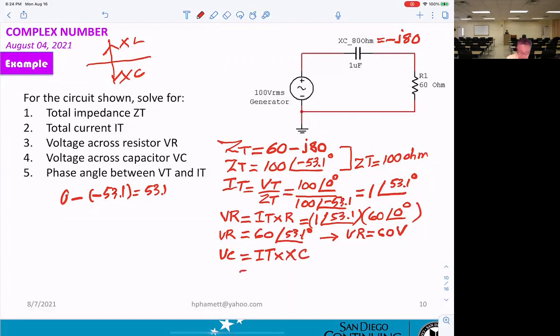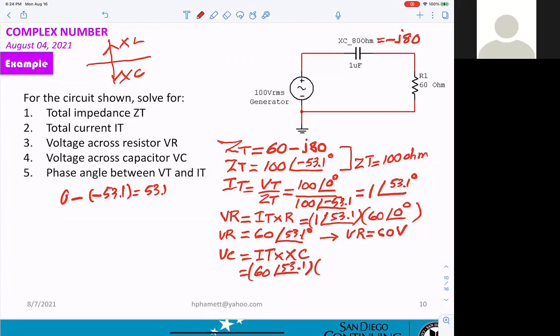I total will be 1 angle 53.1. Oh, 1, not 60, yeah, sorry. 1, right? Yes. Okay, thank you.